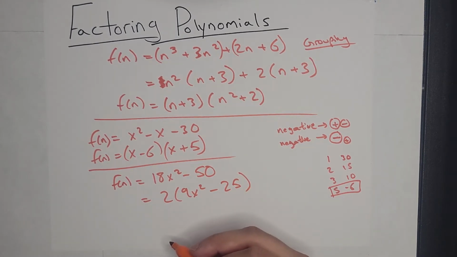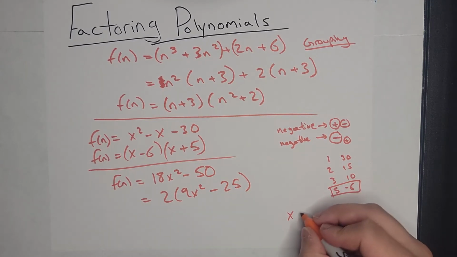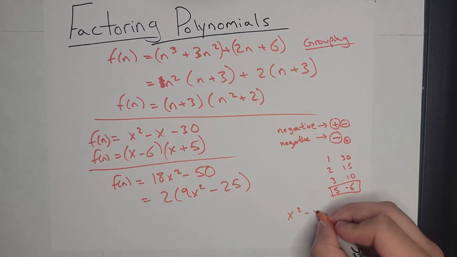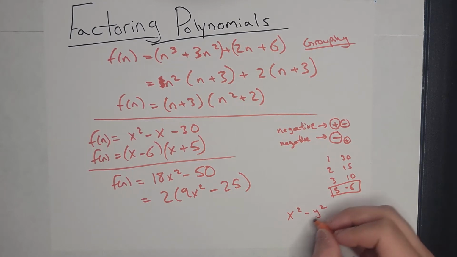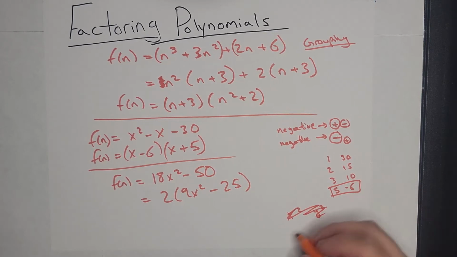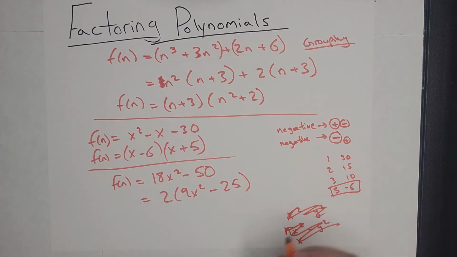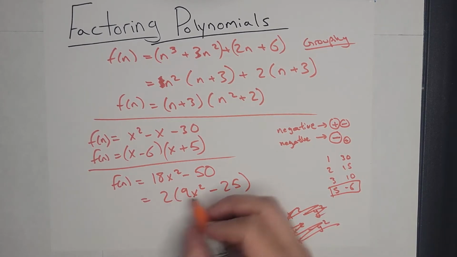So there is that rule that we learned in our previous year's lesson. x squared minus y squared equals, well, let me write an easier way. x squared minus y squared is equal to, well, I forget the exact thing. I'll find it and I'll put it in somewhere.